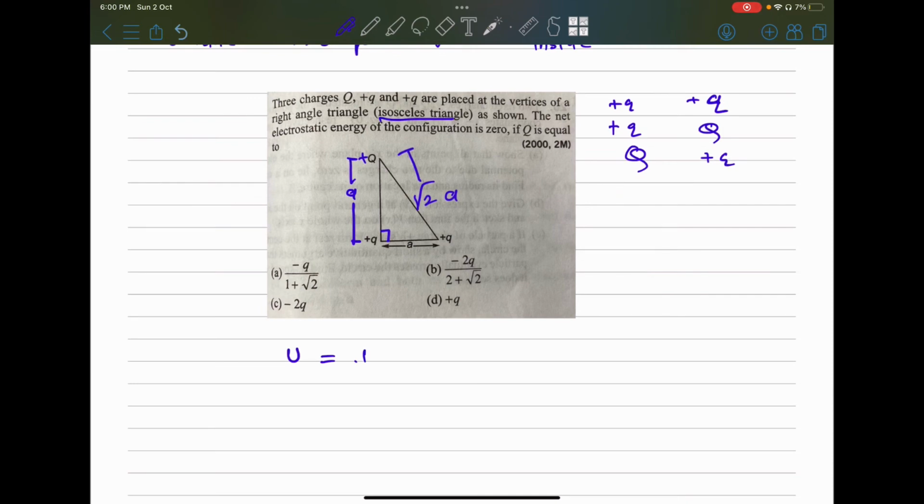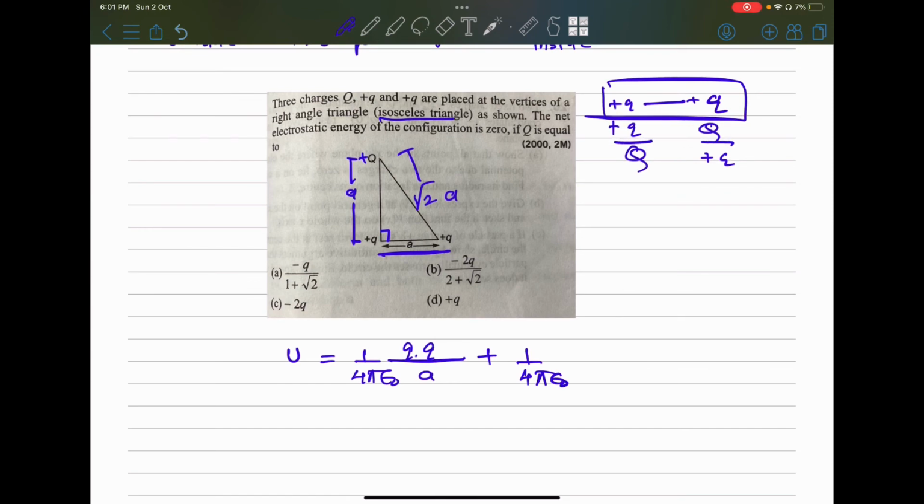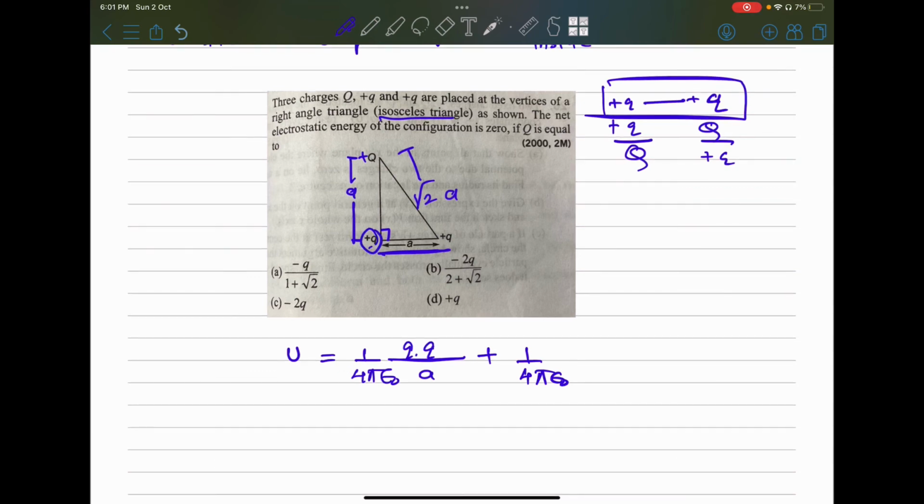And the formula for electric energy is 1 upon 4 pi epsilon naught, and interaction between any two charges. Let us consider first these two charges, q into q, upon the distance between these two charges, which is A, plus the second interaction between small q and capital Q. Small q, let us consider this one, and capital Q, then what is the distance between them?